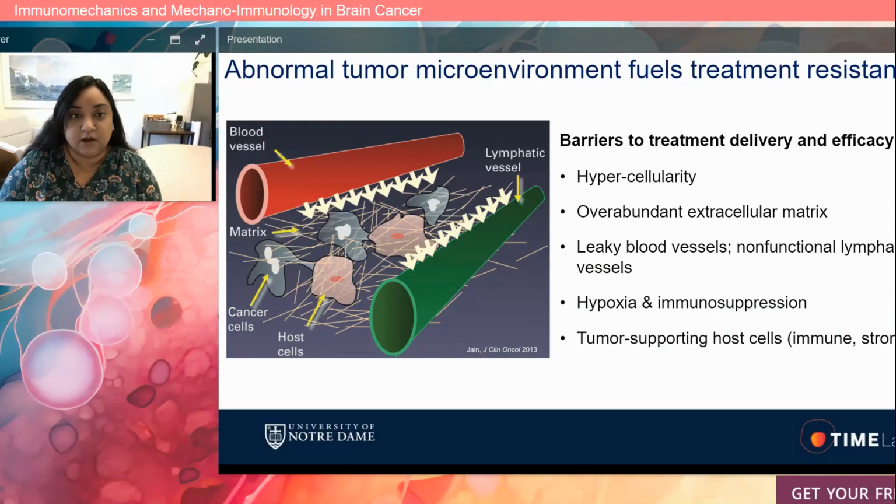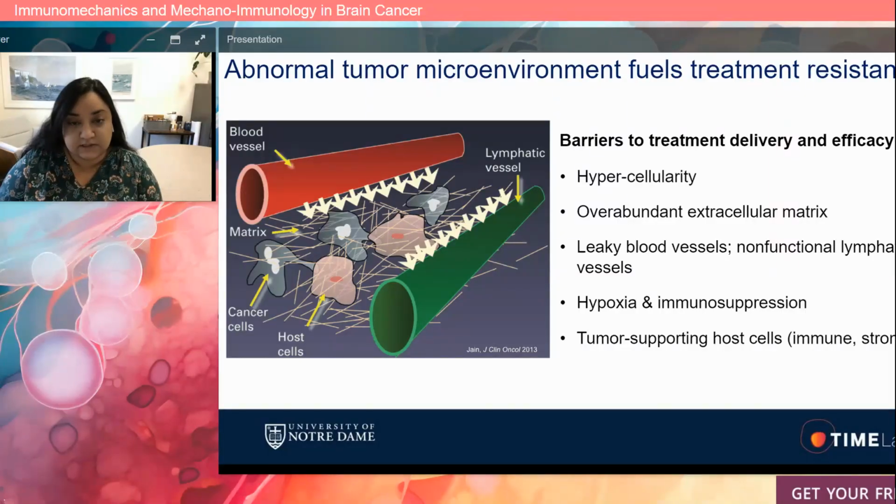For example, there's an overabundance of cells, including cancer cells and the host cells of that particular organ, in this case, the brain, which could include stromal cells of the brain as well as immune cells. Those cells tend to cluster together tightly, proliferate, and then produce this extracellular matrix or protein scaffolding that basically holds all the tumor tissues together.